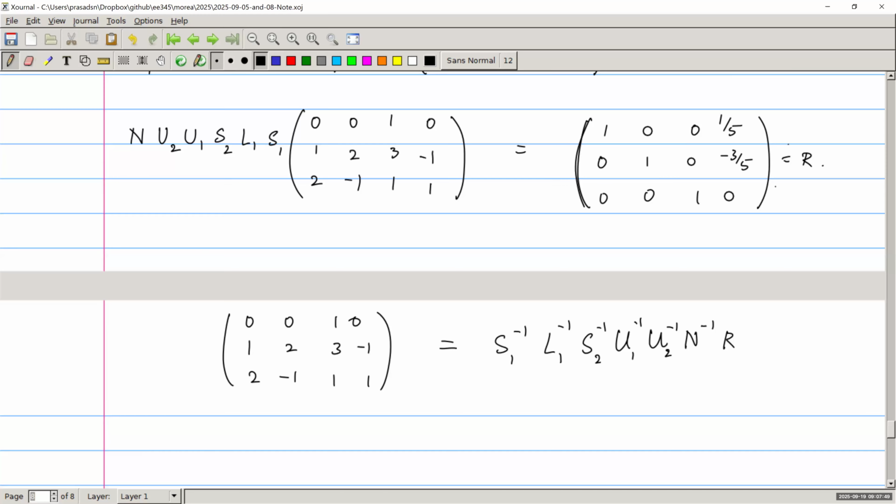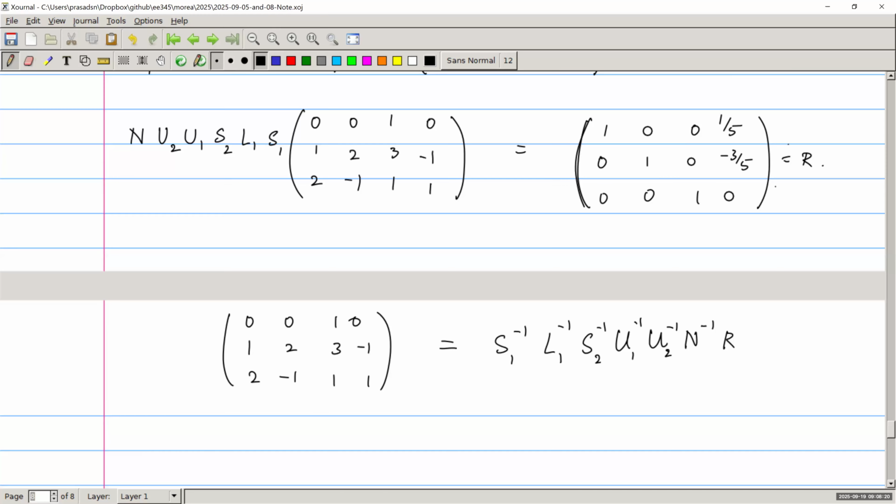Now you still cannot move N behind the lower triangular operations, because you need to first finish all the lower triangular operations to figure out what the normalizing pivots are. But you can move it all the way to here, and let us assume that these swaps never happened.